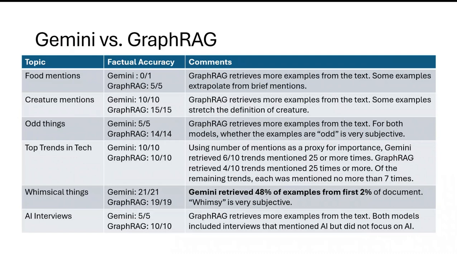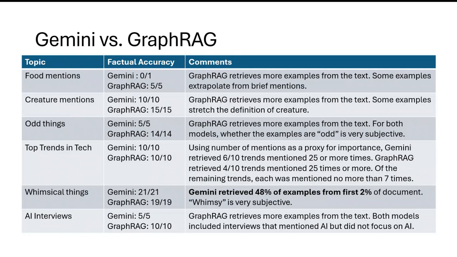So if you see here, even though Gemini has the entire context, GraphRAG performed either better or at the same scale as Gemini. In some questions it was better. Like for the food mentioned, Gemini fell flat and GraphRAG gave an accurate result.